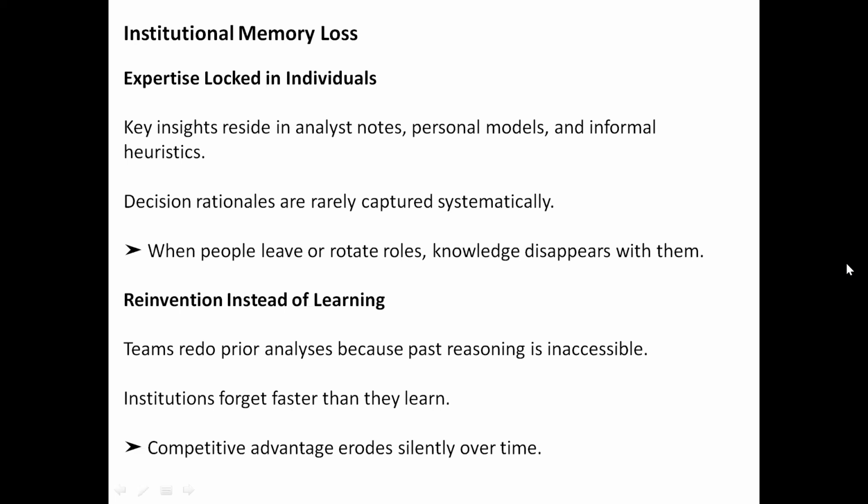Even if you have a lot of professionals with expertise, they are not integrated enterprise-wide. Once people leave or rotate roles, knowledge disappears with them. So competitive advantage still depends on how you manage personal knowledge and how to integrate it.